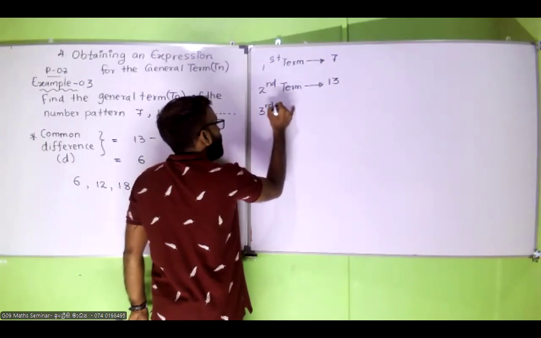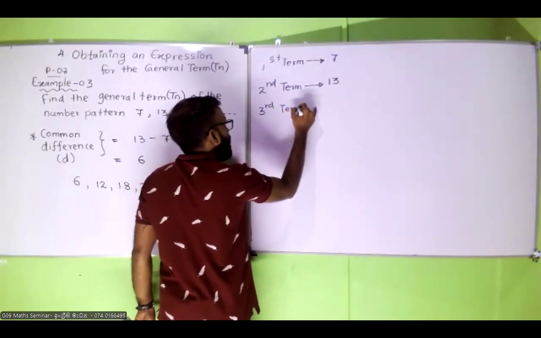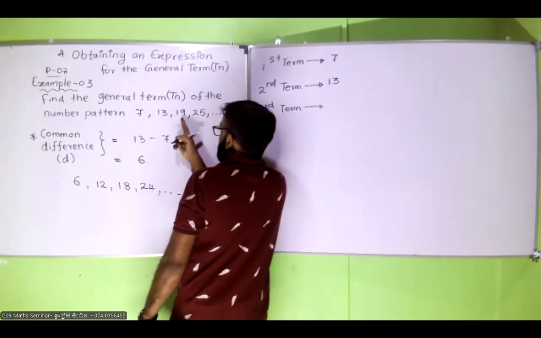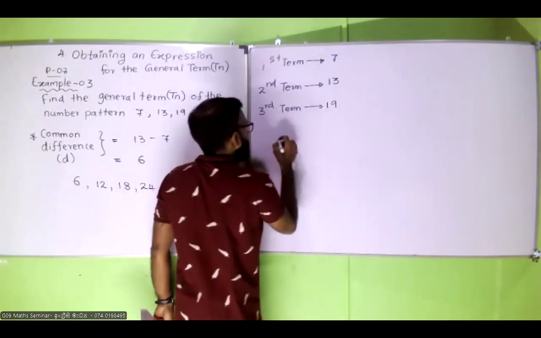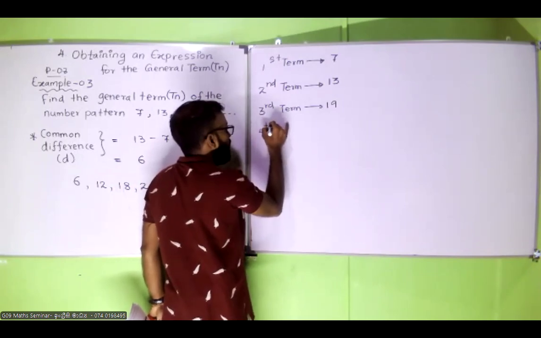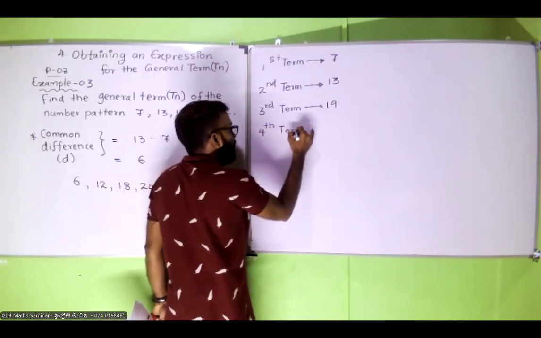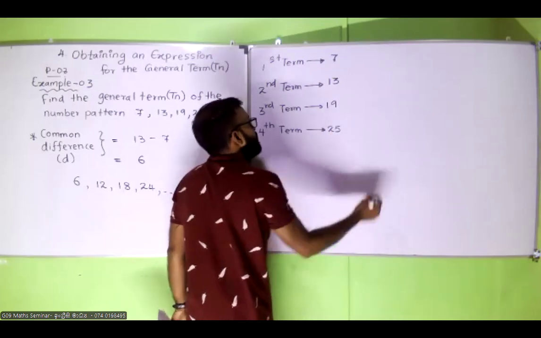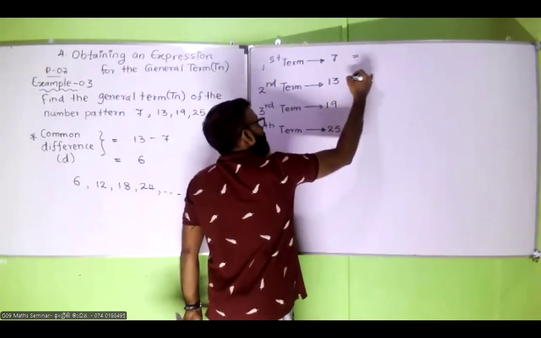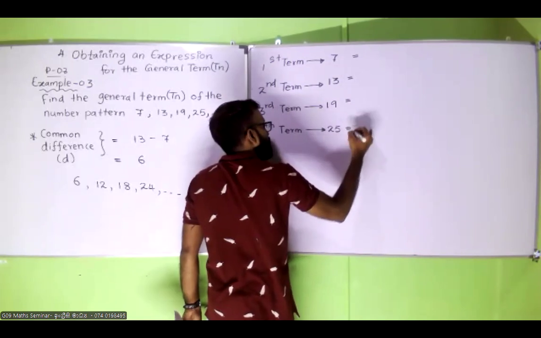Third term is 19. Fourth term 25. So equal mark, equal mark, equal mark, equal mark.